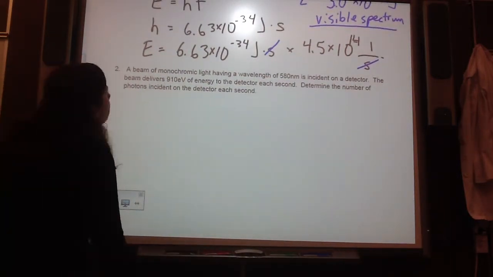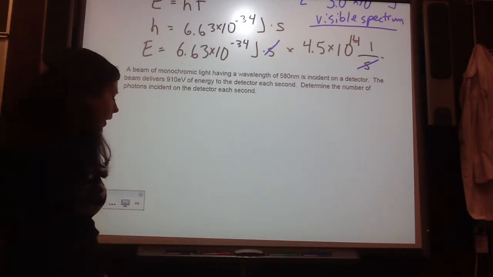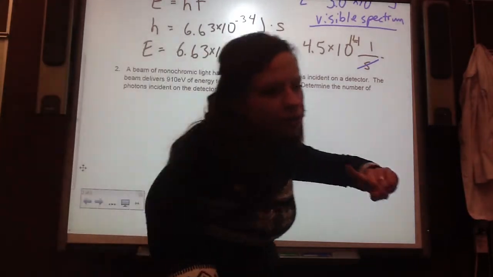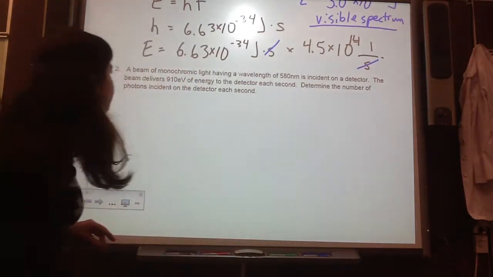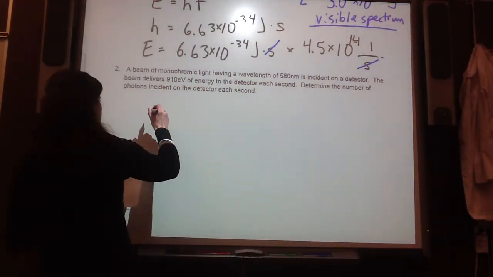Next, a beam of monochromatic light, so like either red or blue or green. In this case, 580 nanometers. That's probably like bluish. The beam delivers 910 electron volts.